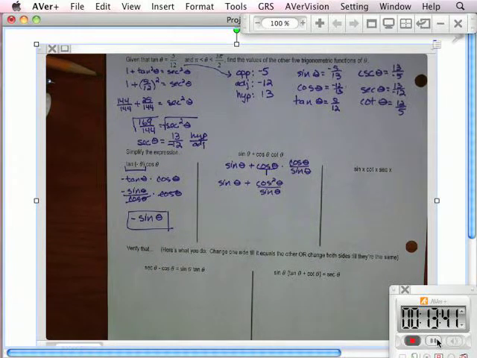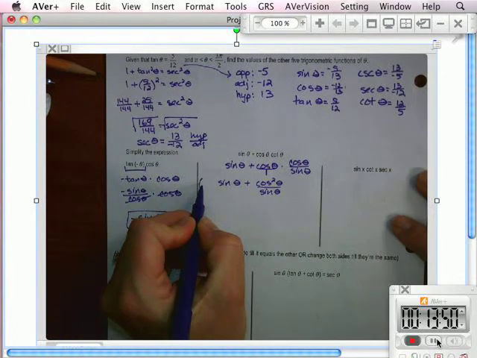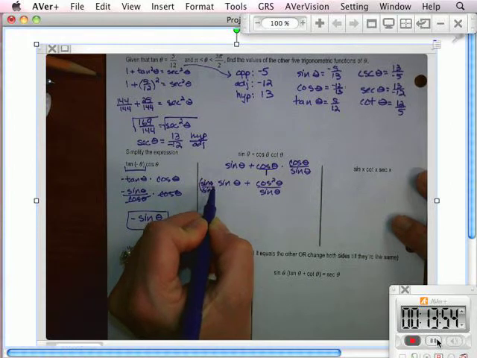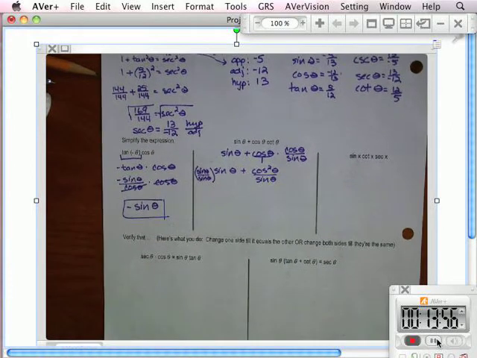I can't do that unless I have a what? Common denominator. So I have to have sine of theta in the bottom. So I'm going to multiply this whole thing by sine of theta over sine of theta. That's going to give me a common denominator. It's also going to give me another squared, which is probably going to head me towards an identity. Okay, let's just see.